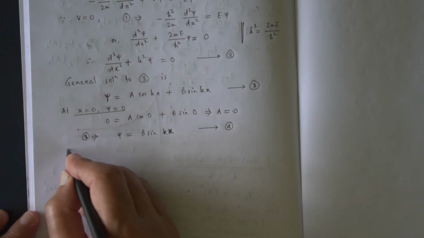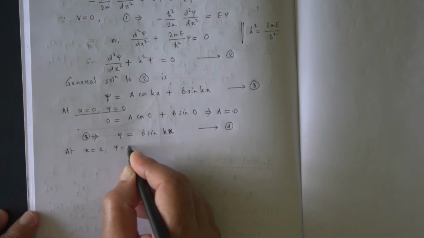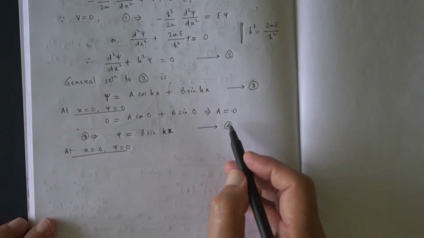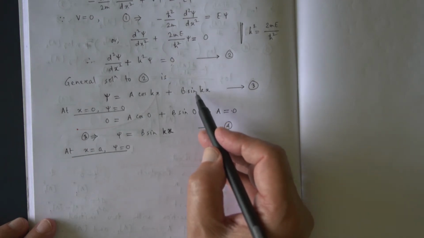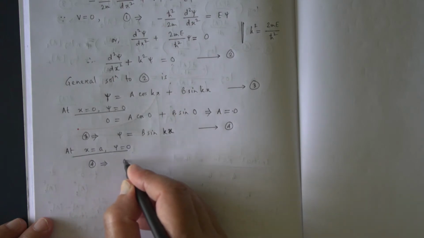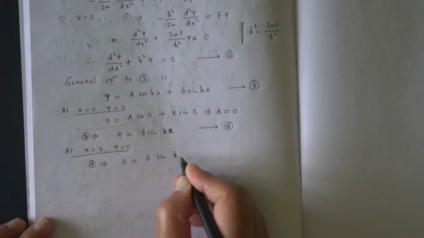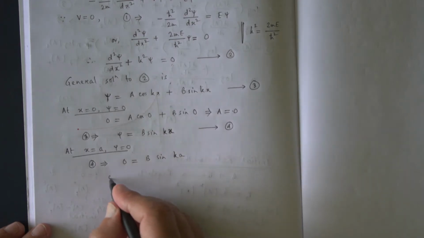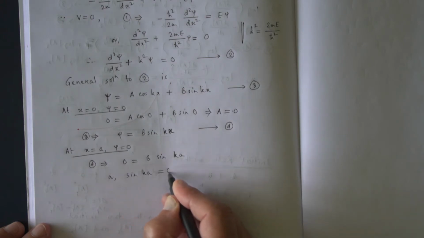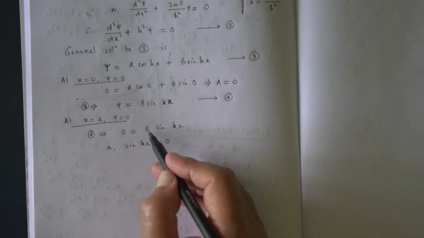Now if we apply again this condition, x equal to a, psi equal to 0, where to apply? 4, because we no longer need this. So from 4, what do we get? Psi 0, b sin ka, or sin ka equal to 0, because b is constant.